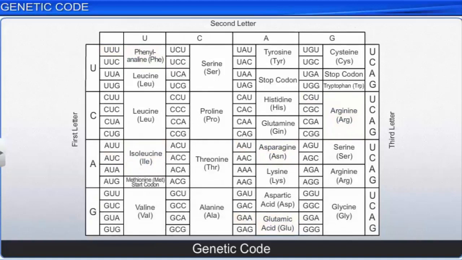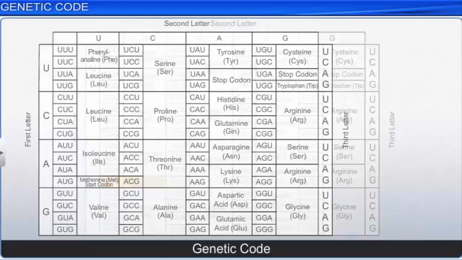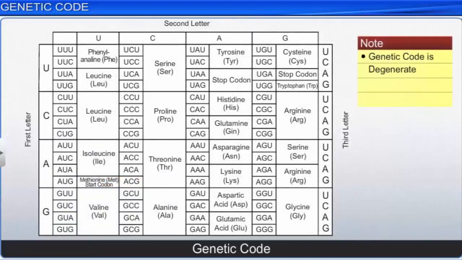For example, the codon UGG codes for tryptophan, and AUG codes for methionine as well as acts as a start codon, which means it initiates the protein synthesis. The genetic code is also degenerate, which means that many different codons encode a particular amino acid.